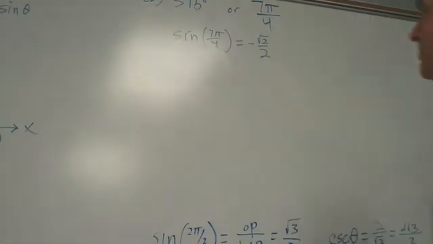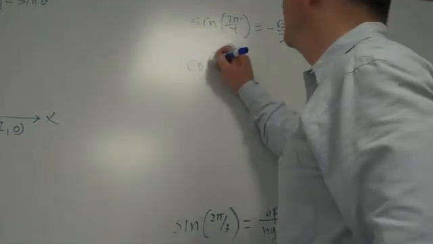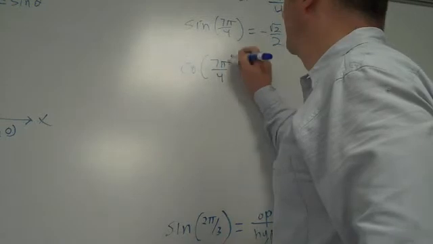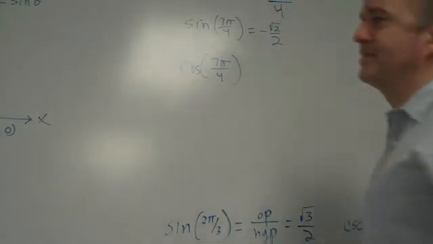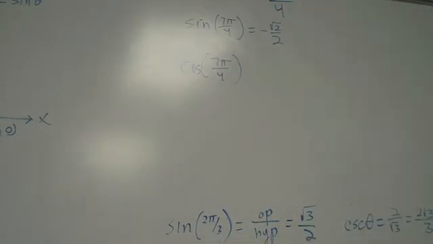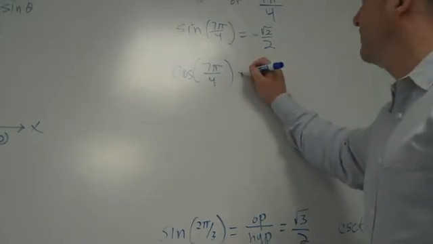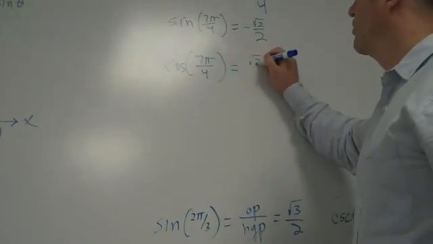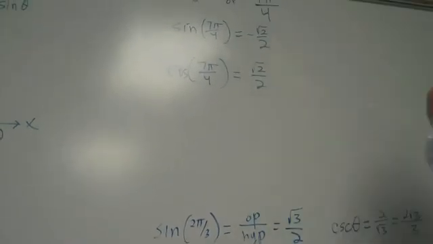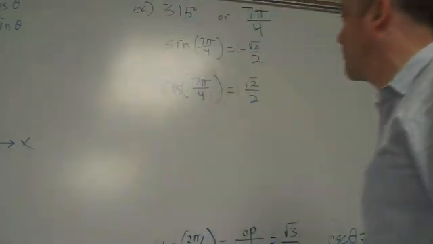Hypotenuse is always positive. The cosine of 7 pi over 4 has the same absolute value as the cosine of 45. What's that equal to? Root 2 over 2. Is it positive or negative? Positive, because x is positive when you're down here in quadrant 4.